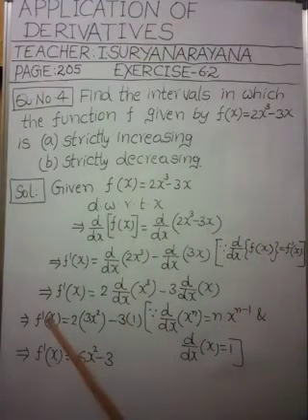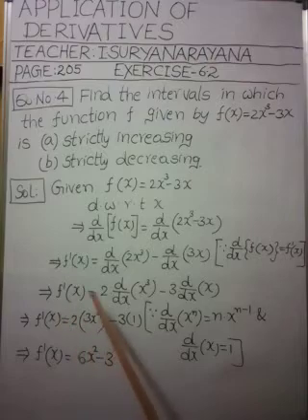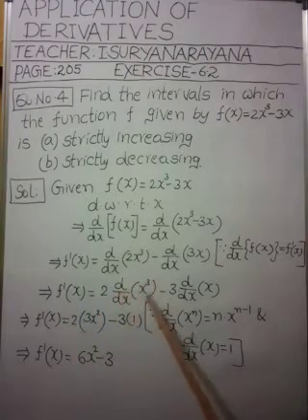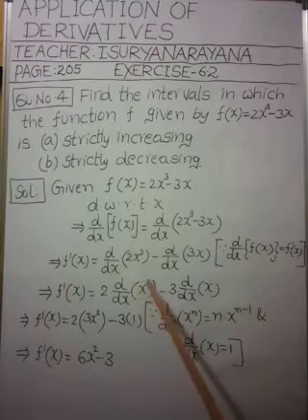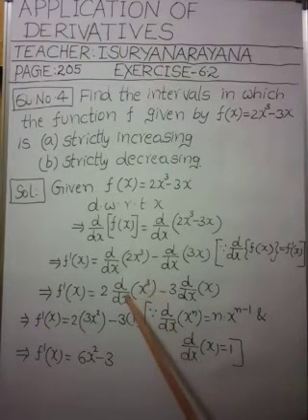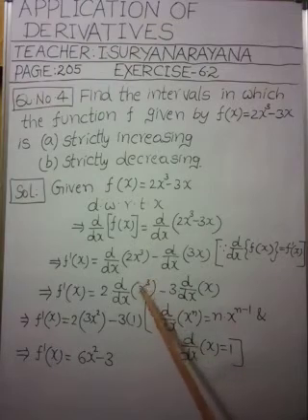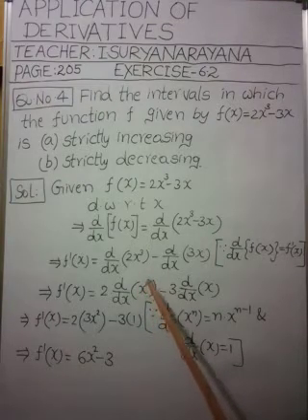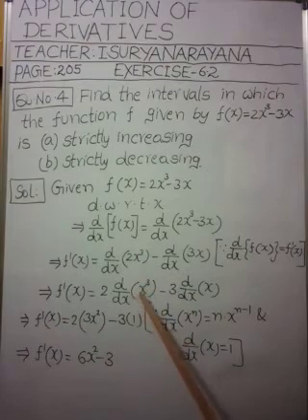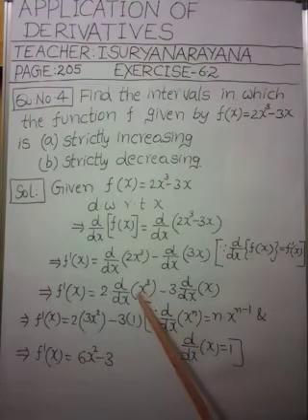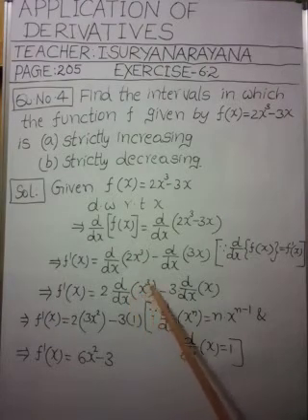Right. This implies we write LHS as it is, f dash of x is equal to 2 into, now come to the part, d by dx of x cube. What is a suitable formula to find the derivative of this function? Yes, d by dx of x power n is a suitable formula. It is in the form of d by dx of x power n.